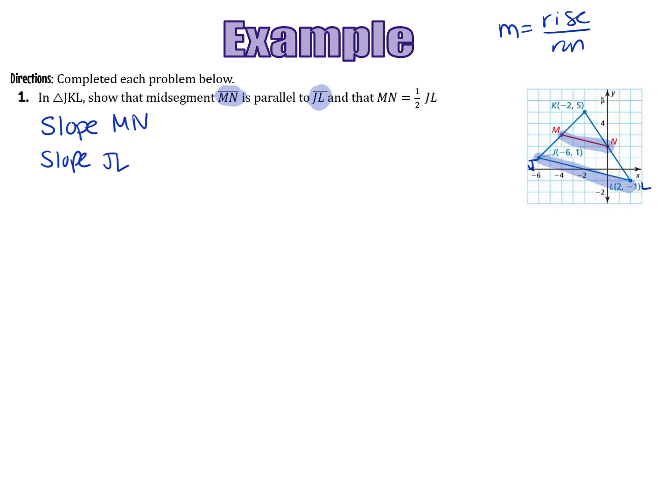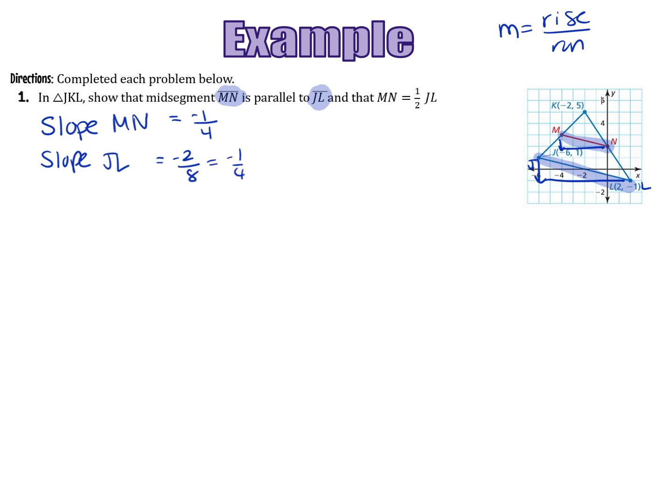If I'm counting the rise over the run for MN, I'm going down 1 and I'm going over 1, 2, 3, 4. So my slope is going to be negative 1/4. For JL, I'm going down 2 and I'm going over 8. So that also has a slope of negative 1/4.